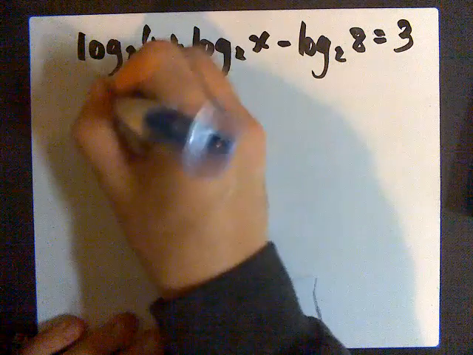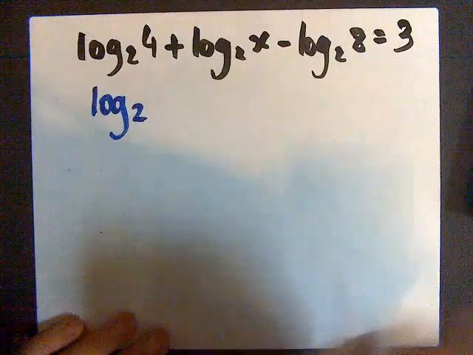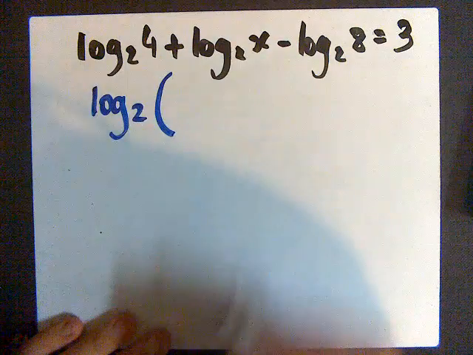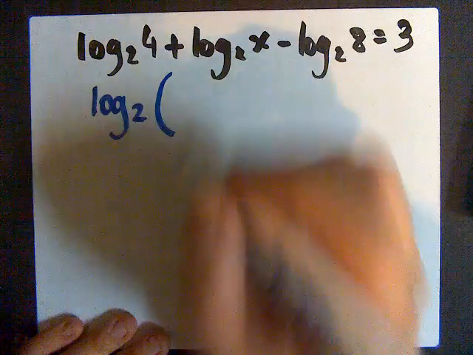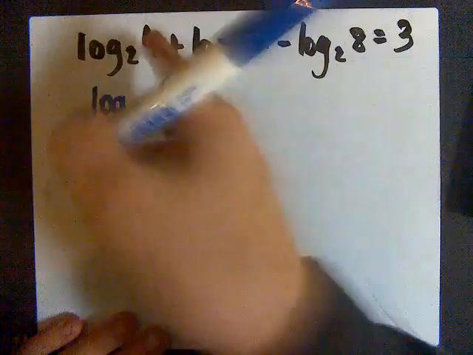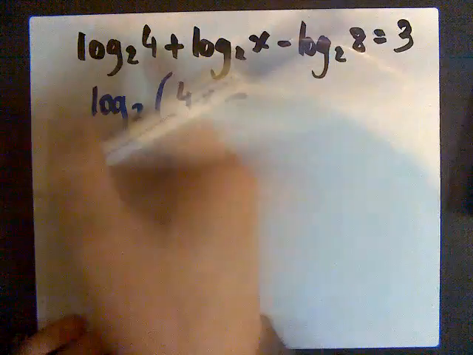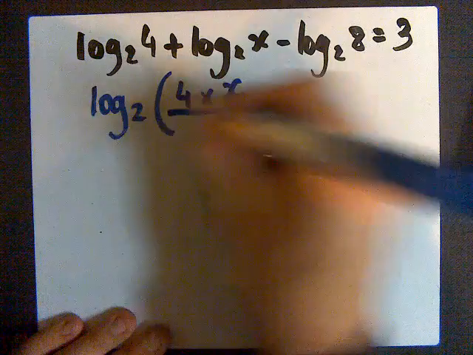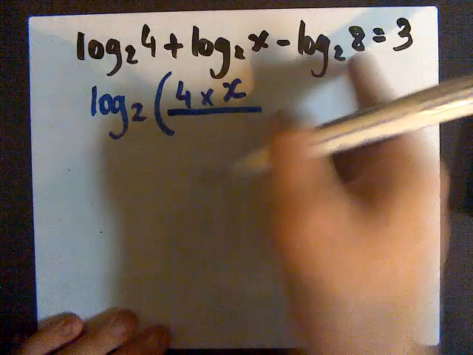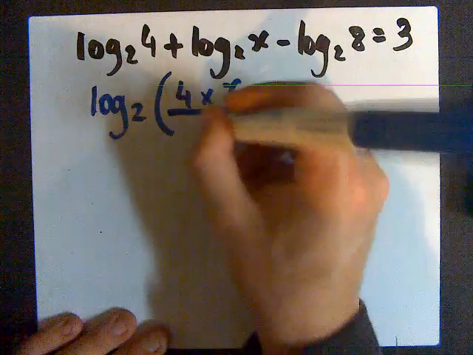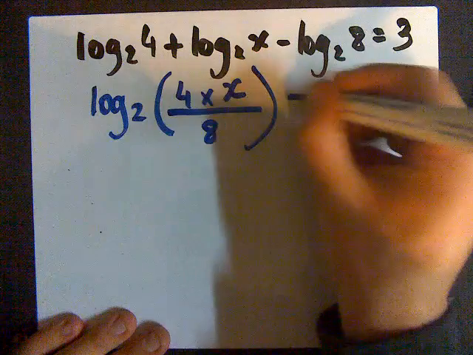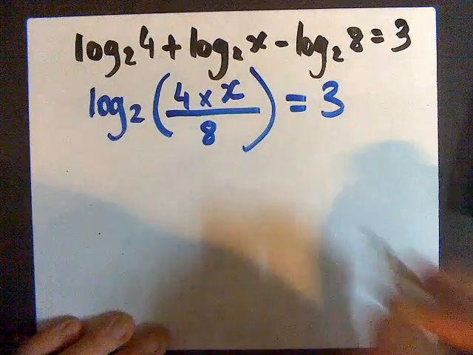So I'm going to say log base 2, because they all are base 2. I do it all in one step. If we have a look, what is it? 4 times x, based on our log law 1, log law 2, divided by, because I'm minusing, 8, and it's going to equal 3.